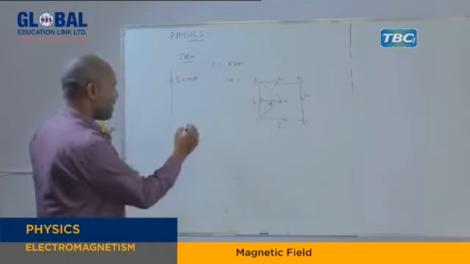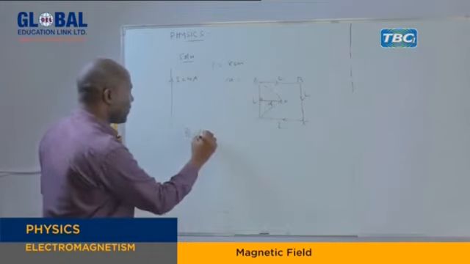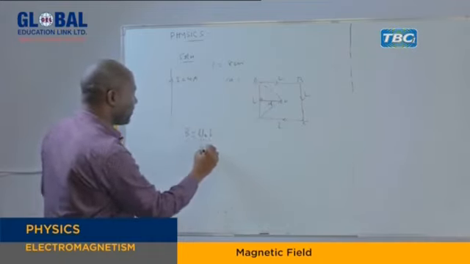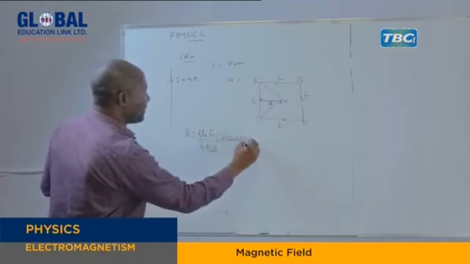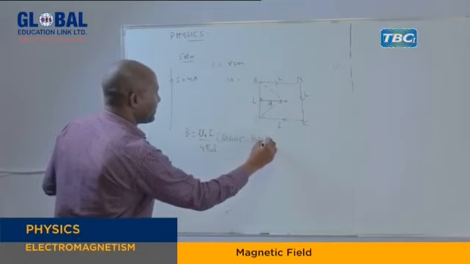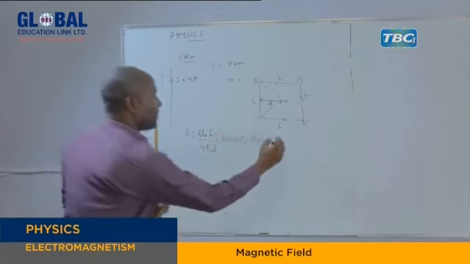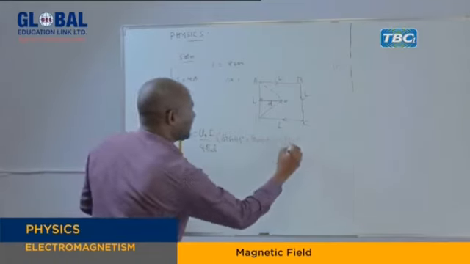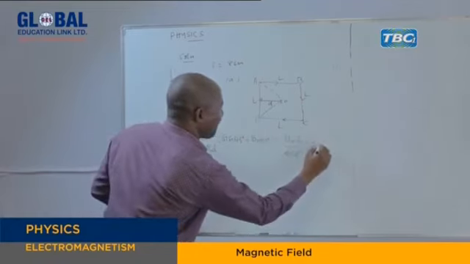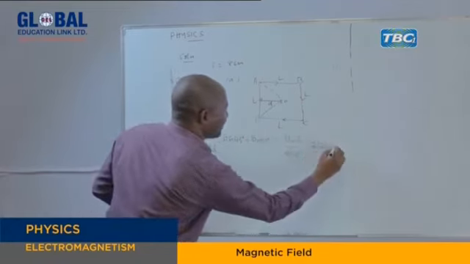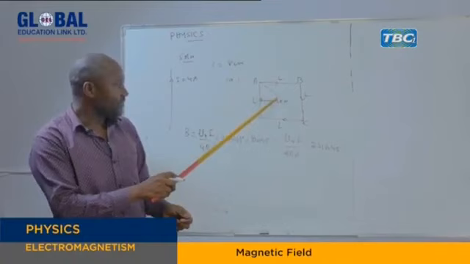So applying the formula, B equals mu I over 4 pi D times sine of 45 plus sine of 45, which equals mu I over 4 pi D times 2 sine of 45. That's step number 1. Now, what is D?